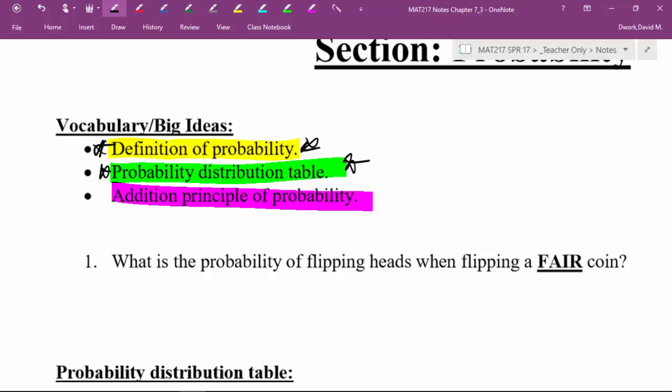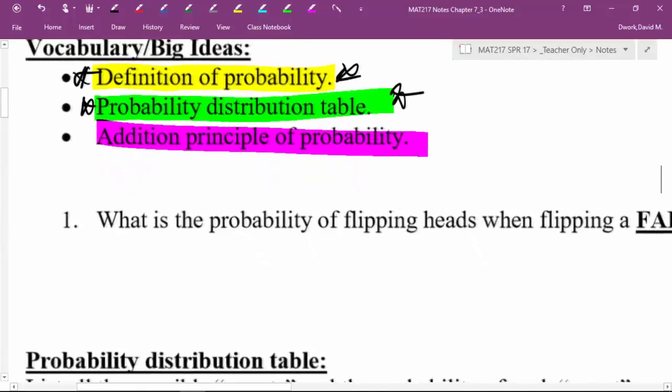Okay, so I'm hoping you have one of these different kinds of representations. You may have said 1/2, or 50-50, or 50%, or 1-to-1. Now, I will tell you, not all of these are actually probabilities.